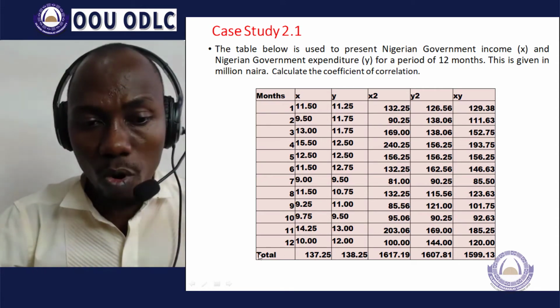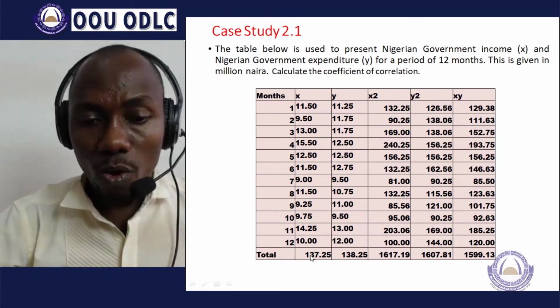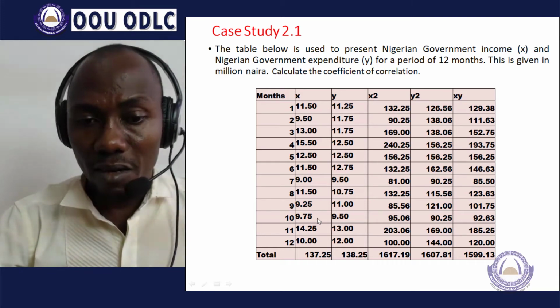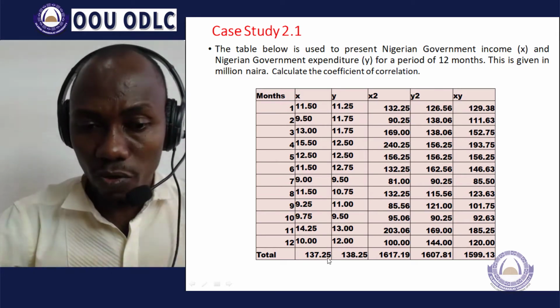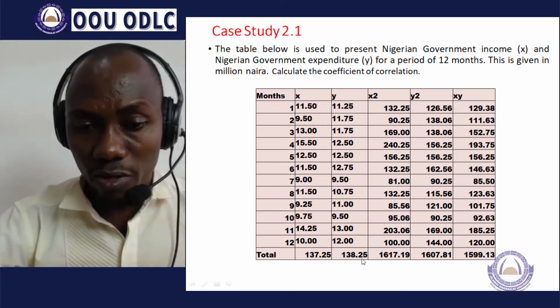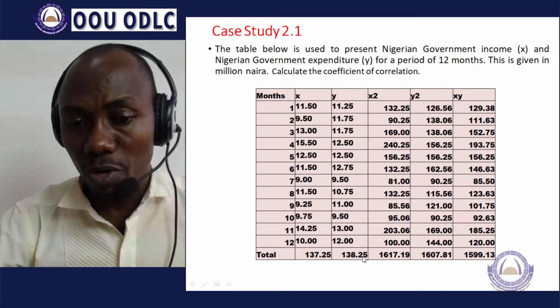For the last row here, we obtain the total of X for the 12 months, which gives 137.25, and the total of Y for the 12 months gives 138.25.